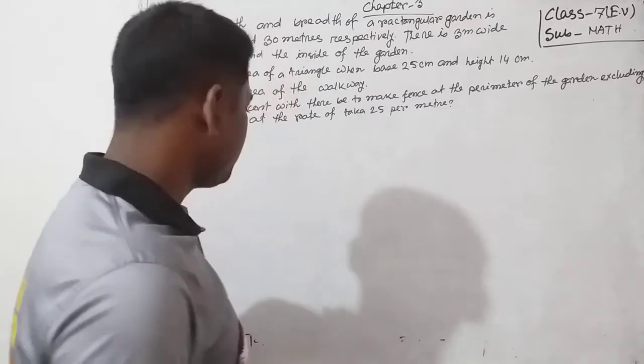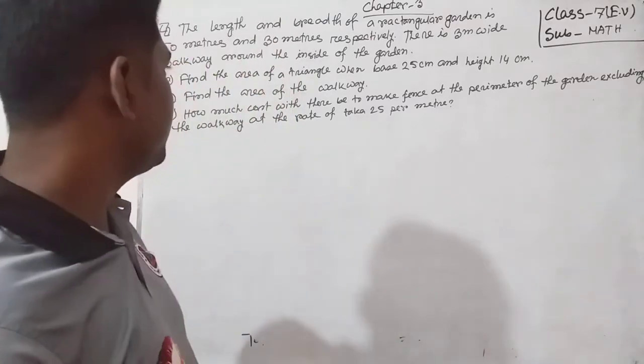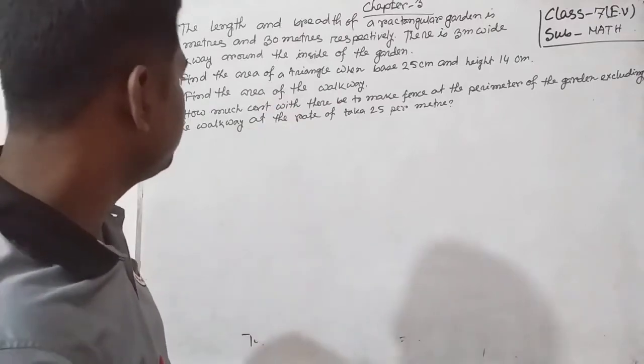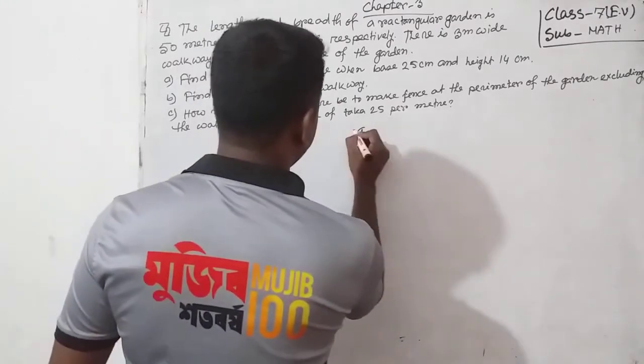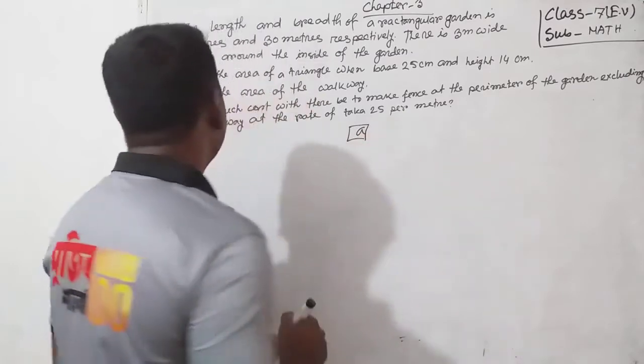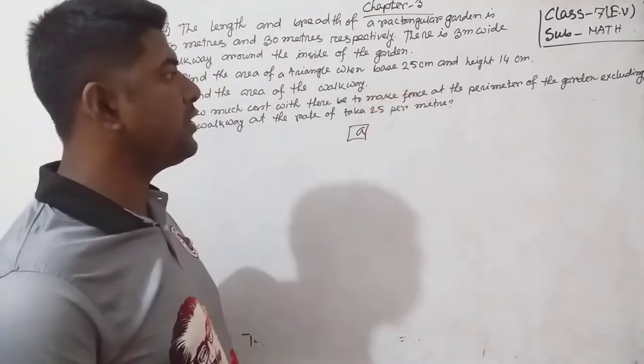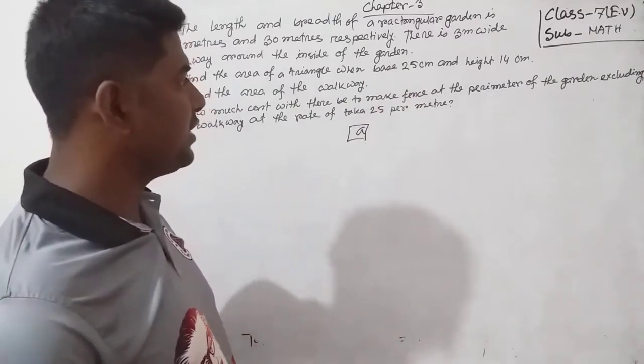Okay, my first question is not related to this statement, so at first I write, find the area of a triangle when base is 25 centimeter and height is 40 centimeter.